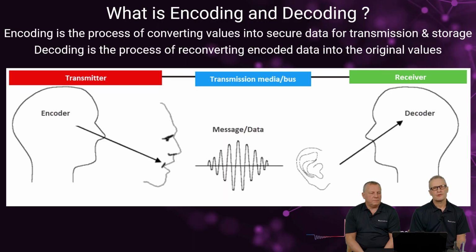I transmit those sounds over the air. That's the transmission media. It could be a piece of wire, but this is how we communicate over the air. The receiver will receive those sounds and decode those sounds into letters to enable him or her to write the word. So there we have communication: a network, an encoder, which then transmits over the media to the receiver, the decoder.